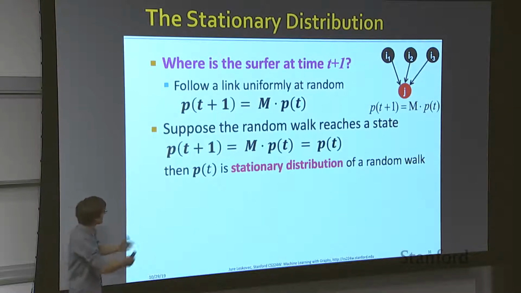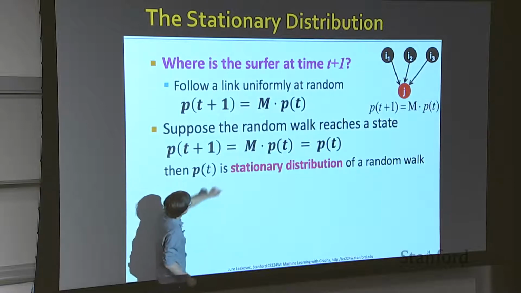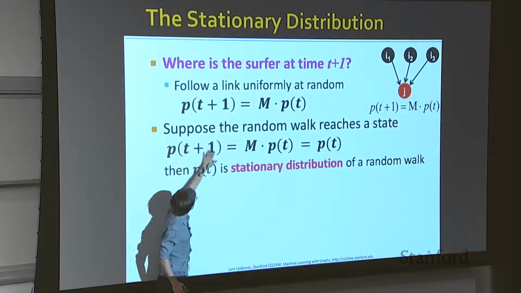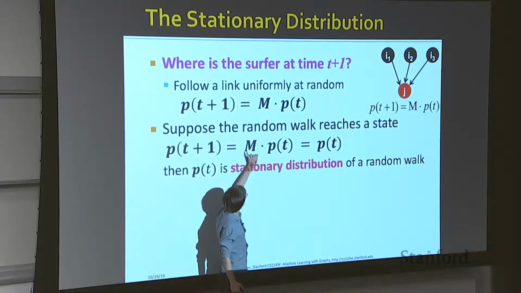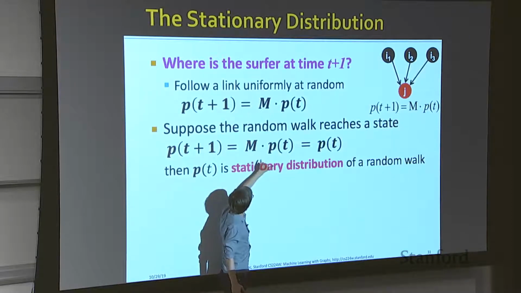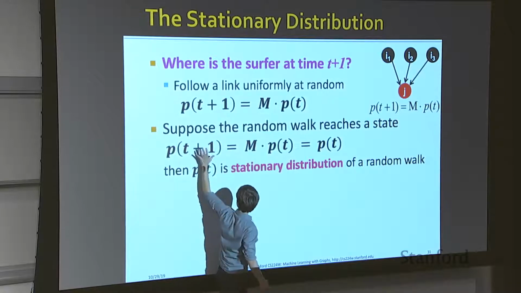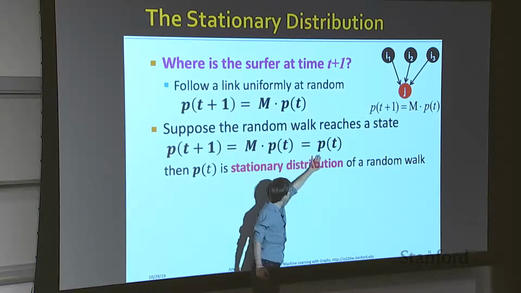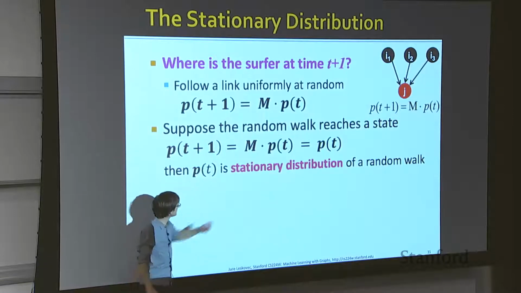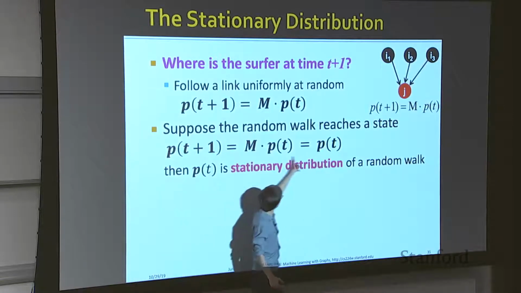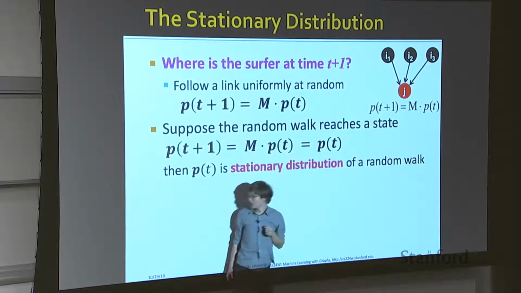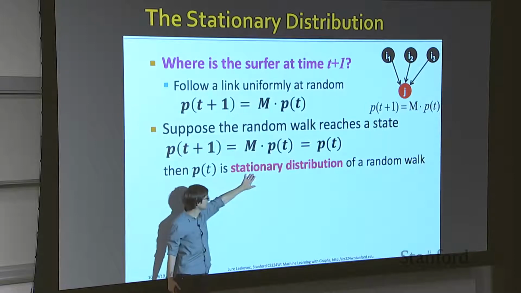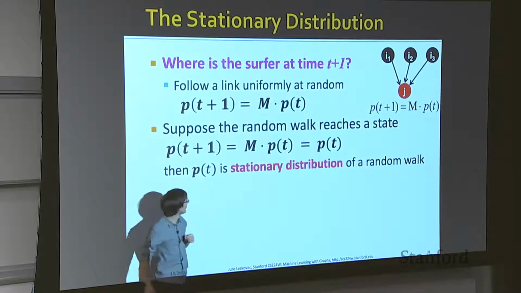So now let's suppose that after some time, this random walk reaches some steady state, which means that the probability distribution at time t+1 equals the probability distribution at time t, right? So this is my equation. I'm saying my probability distribution converged. And this would mean that p(t) is what is called the stationary distribution of a random walk, right?